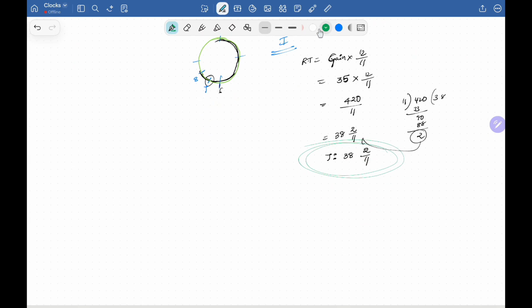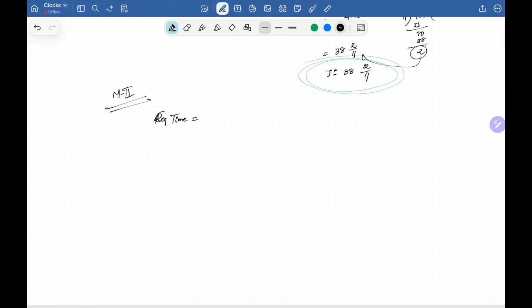So now quickly let's go for method 2. How to solve with method 2? Formula: required time is equal to 2 by 11 into 30 into initial time plus or minus angle. Here the angle is 0 because they asked for coincidence, how many times they are being coincided.